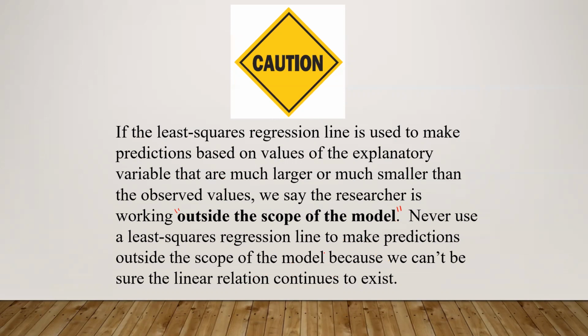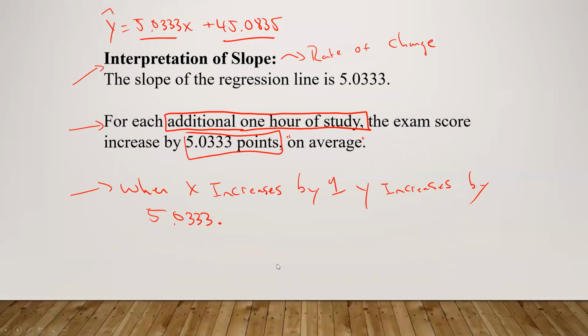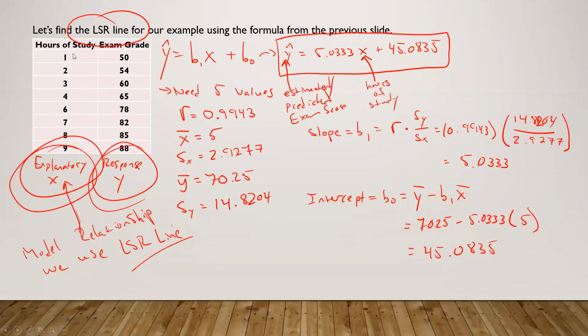So if you look at our hours of study, we have values like 1, 2, 3, 4, 6, 7, 8, and 9. You wouldn't use this regression equation for somebody who studies for 40 hours, because that's just so far away from observed values.